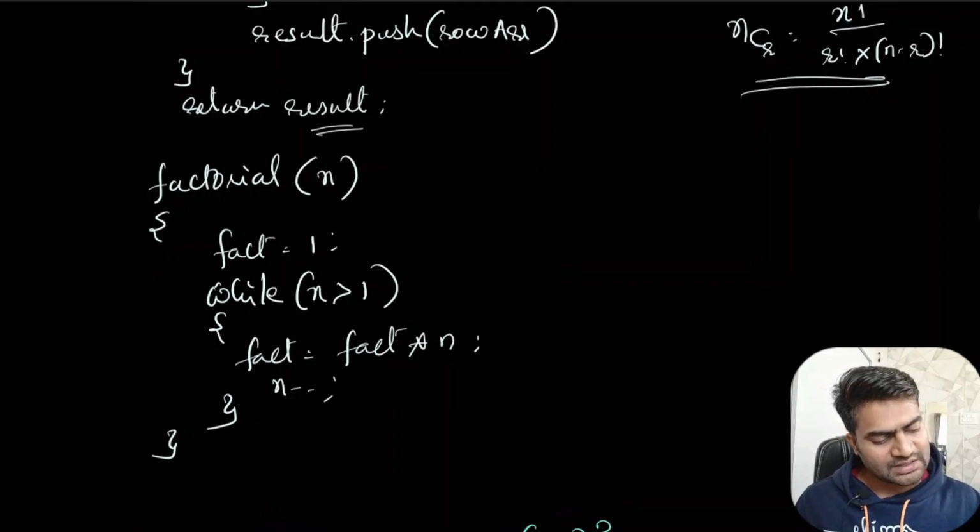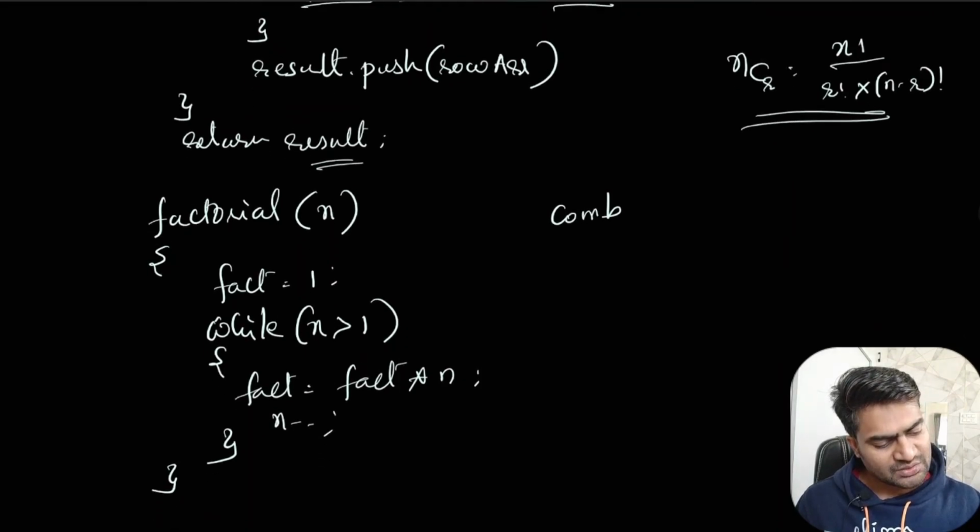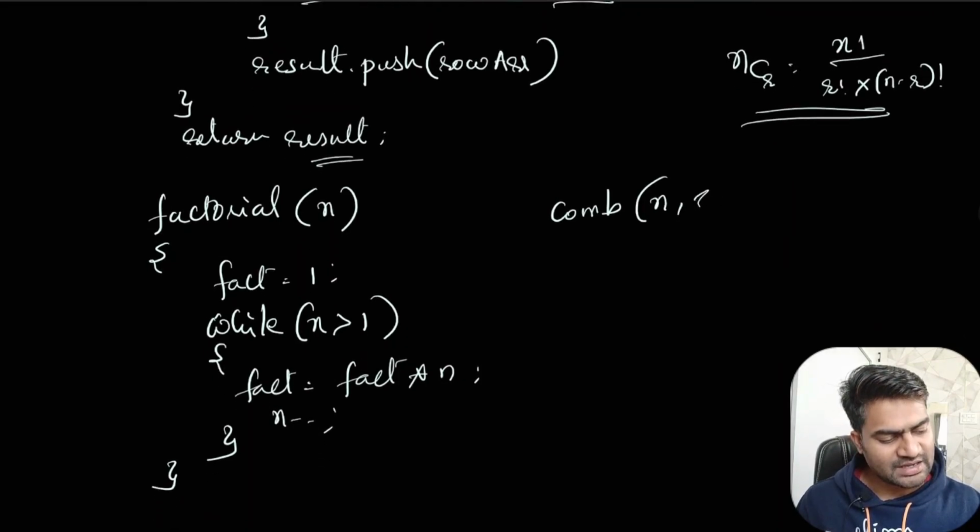Then we need another method, which is our combination method. So I'll write that here. It will take values n and r, right? It should be something like this.